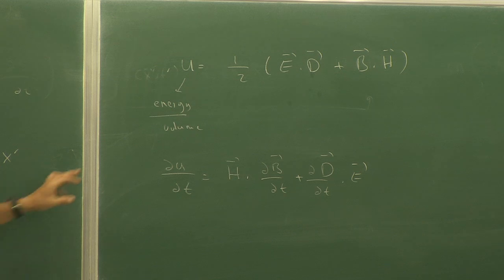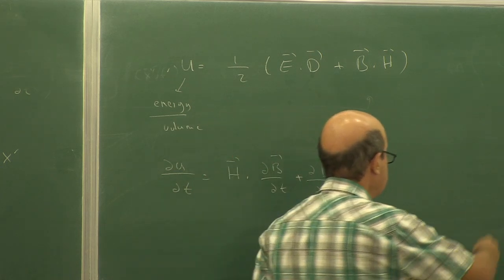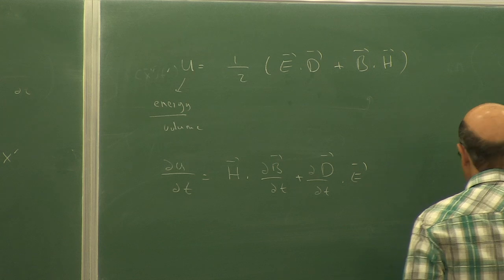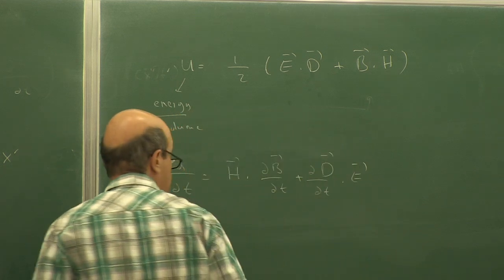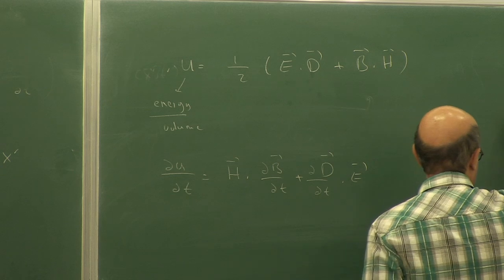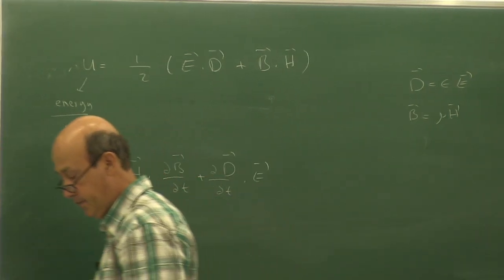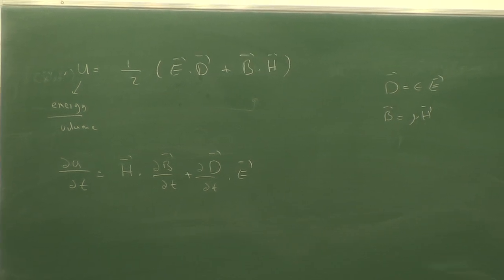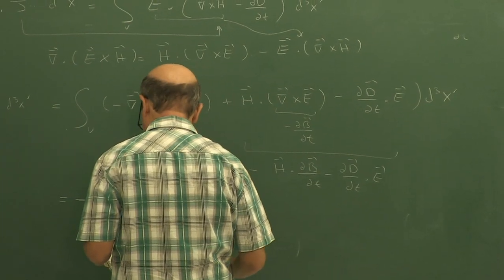You have a 1 over 2 factor, you have 2 times derivatives, and another constraint, D is equal to epsilon E, and similarly for the magnetic field, B is equal to mu H. Taking the derivative, you can easily show that this is nothing but the partial derivative of the energy density with respect to time.